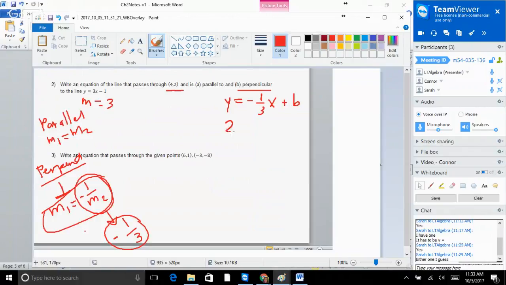So when y is 2, x is 4, plus b. So 2 equals negative 4/3 plus b. Ugh, fractions. Who likes fractions, right?